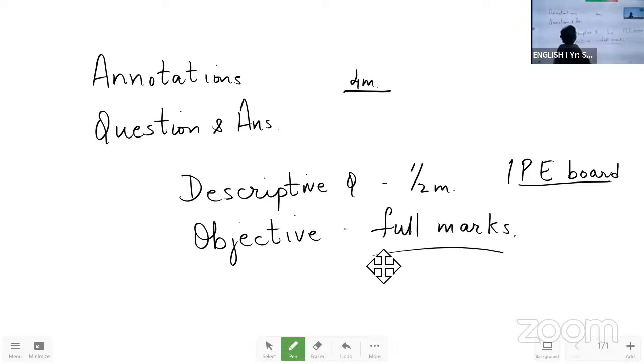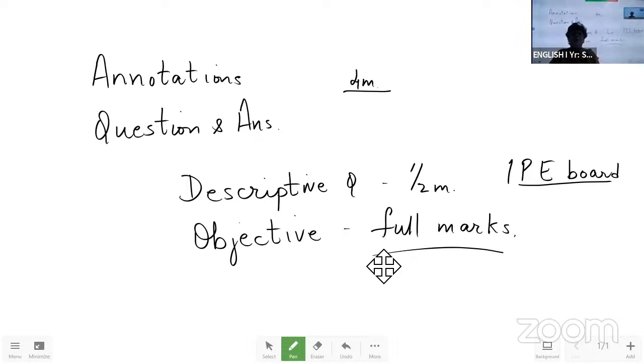So many children ask how to go about writing annotations and question and answer. Like I told you, there are many ways in which you make a good impression. First thing you should remember, the handwriting should be beautiful.